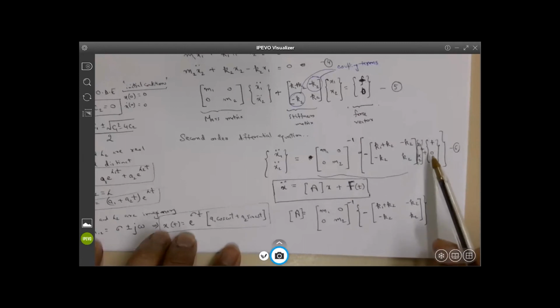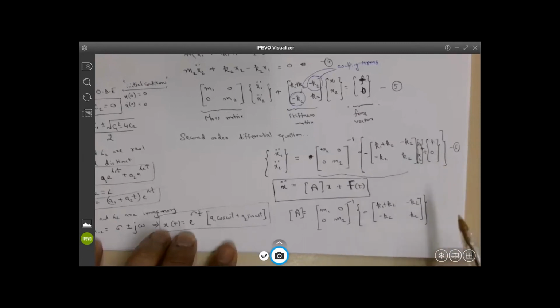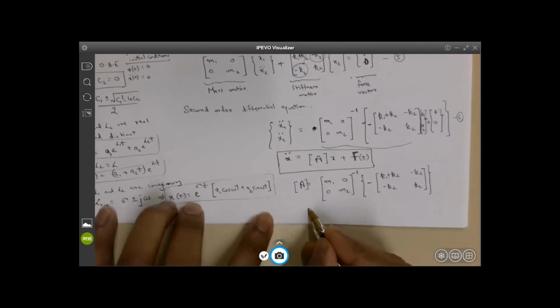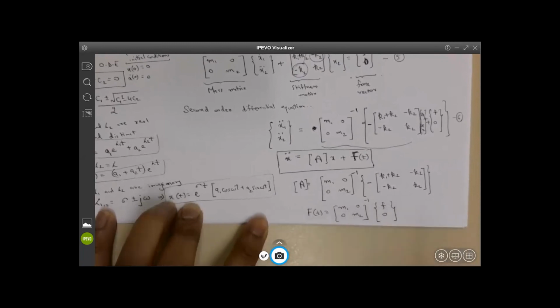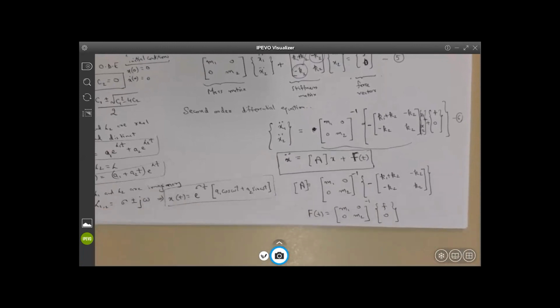And plus F0 will remain as it is, the vector will remain as it is. So this whole matrix A will be M inverse times the negative of the stiffness, and that times X. And your Ft vector would be written as M1, 0, 0, M2 inverse times F0. Let me know if it makes sense, guys, or if you have any questions.